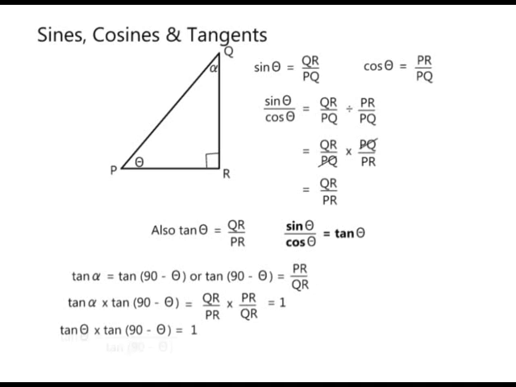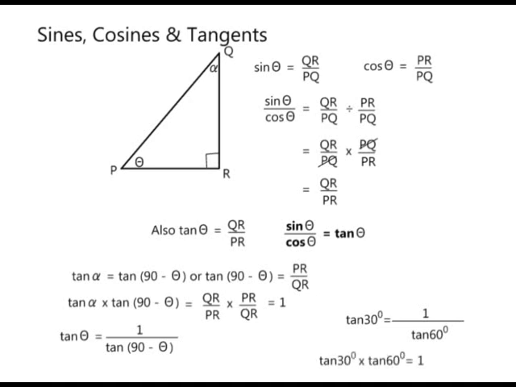And therefore we say tan theta is equal to 1 over tan of 90 minus theta. That is, the product of the tangent of an angle and the tangent of its complement is 1. For example, tan 30 is equal to 1 over tan 60, or rather you can say tan 30 times tan 60 is equal to 1.